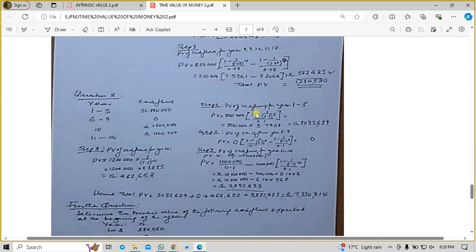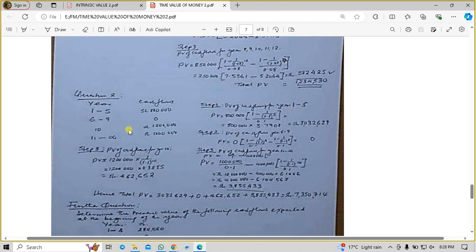So year 1 to 5, we're going to say 1 minus 1 over 1 plus 10% to power 5 over 10%. 10% is the same as 0.1. Then you get that. For year 6 to 9, it is 0, so whatever you multiply, you're going to get 0.